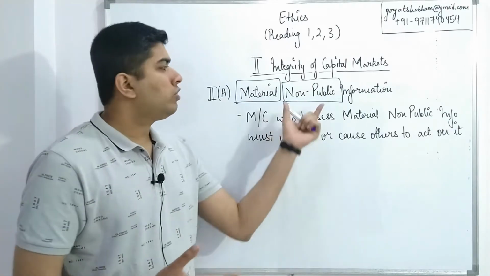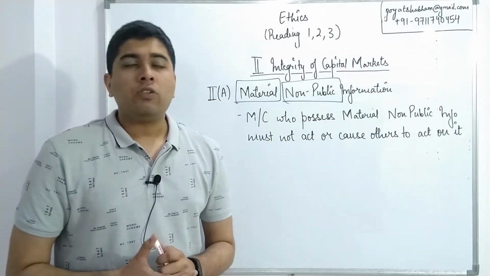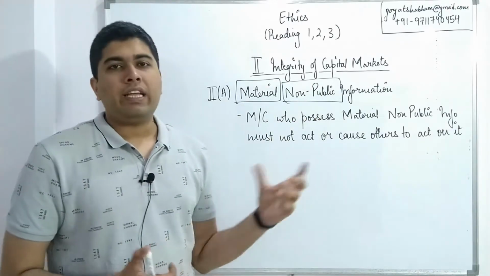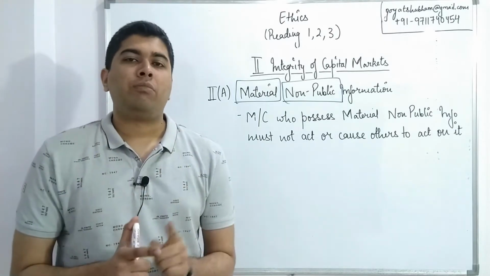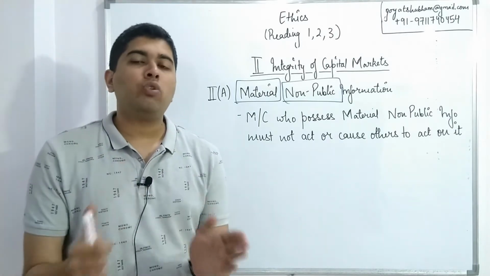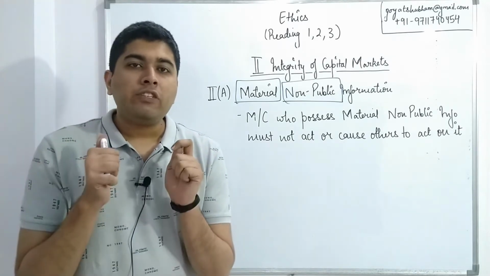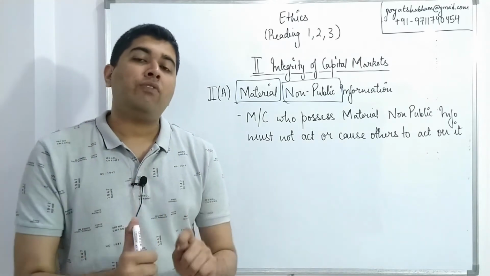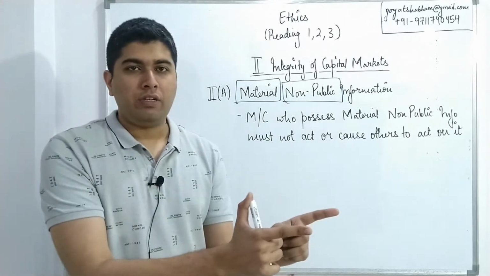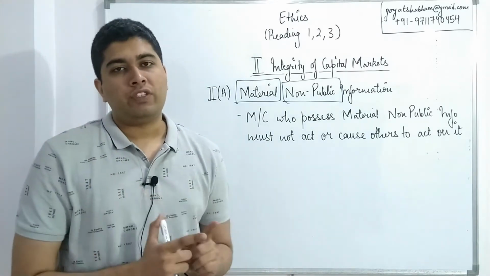And that information could also be non-public. So the institute is clearly clarifying that if you receive material non-public information in the course of your genuine, legitimate work, then so long as you use that information for its intended purpose, you are not in violation of the standard.